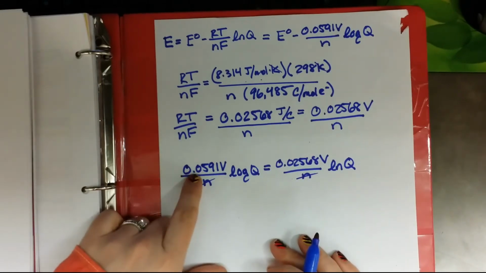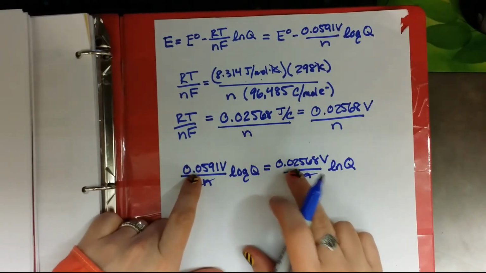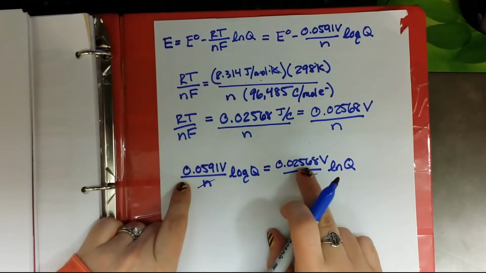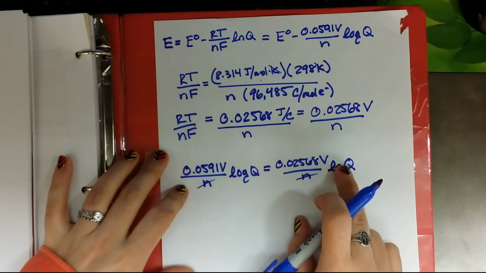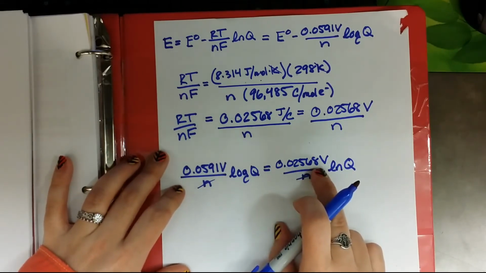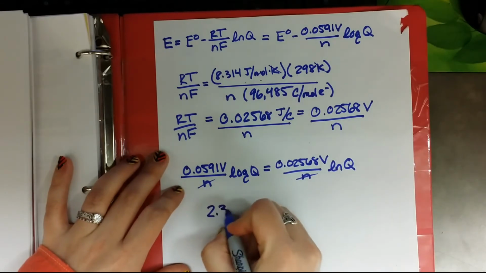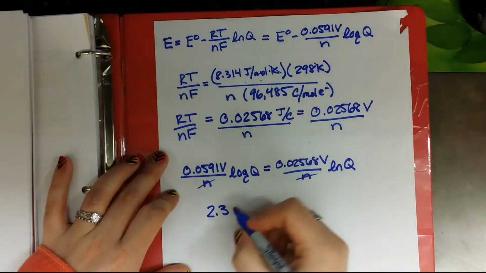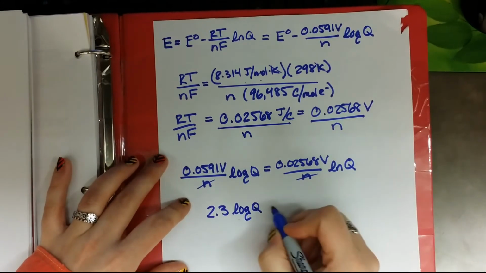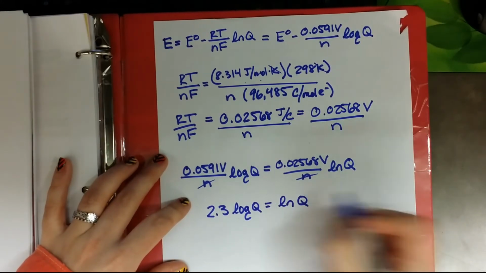Then we have 0.0591 and 0.02568, so I'm going to divide both sides by 0.02568 volts. 0.0591 volts divided by 0.02568 volts gives us 2.3. So 2.3 times the log of Q is equal to the natural log of Q.